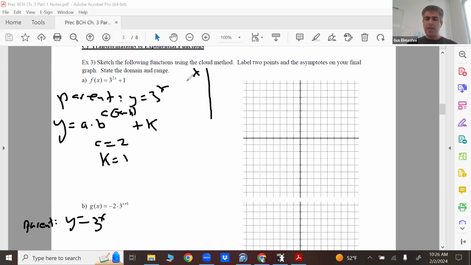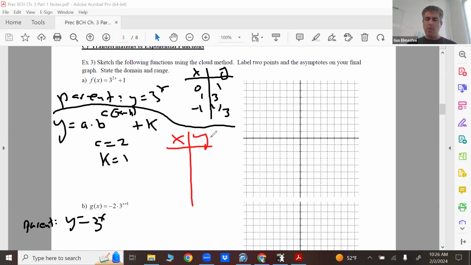So let's make the table for the parent function. 0, 1; 1, 3; and I'll do -1, 1/3. Now for the new function, how am I going to impact y? Plus 1.